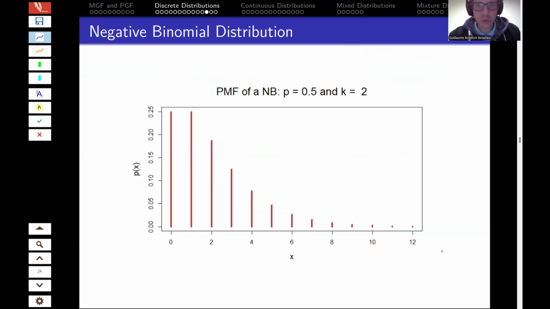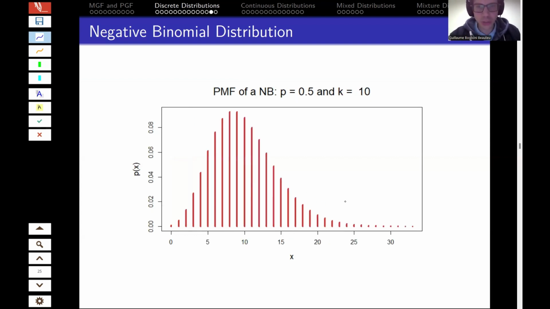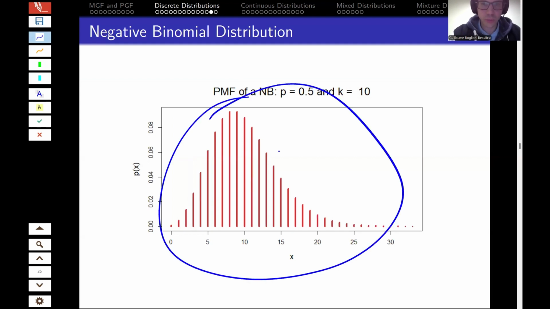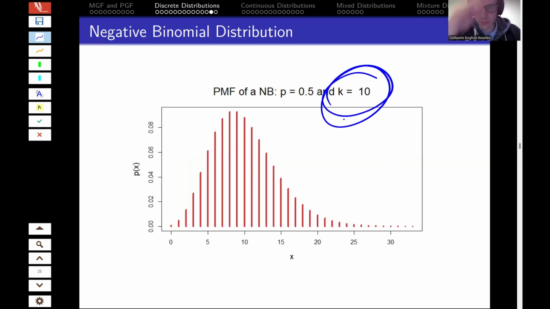And then we have a bit of illustrations for values picked more or less randomly here. p equals 0.5, k equals 2. You get this. It's pretty asymmetrical. But then if k increases and you keep p constant, you're going to get something that's more symmetrical. If you kept increasing k here, you get something that's even more symmetrical, bell-shaped.